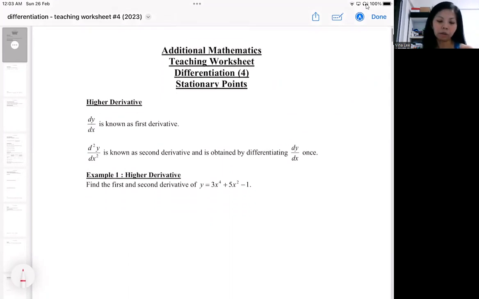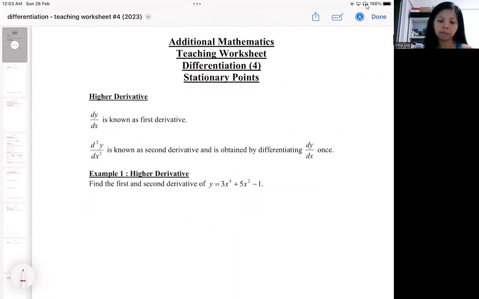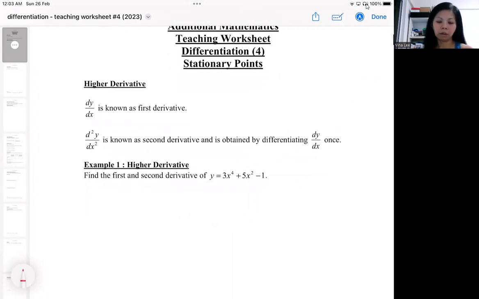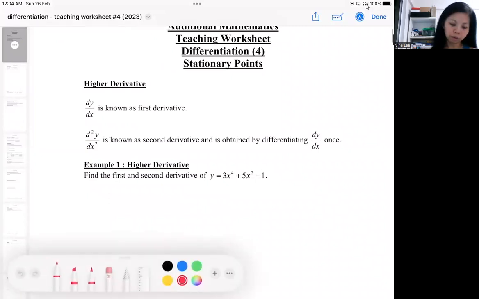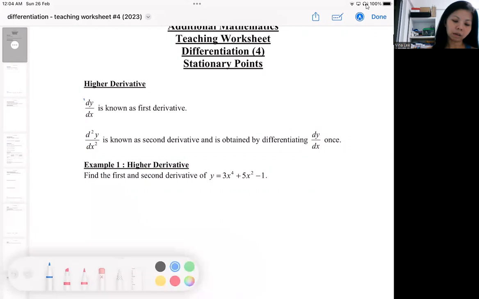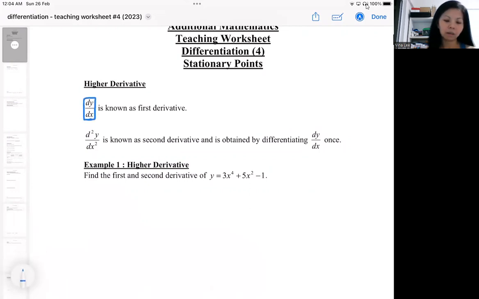Okay, so I need to introduce you to the notation and also how we are going to get the second derivative. First of all, usually dy dx is known as the first derivative. So in a way, that is the first time you differentiate. When you get y and then you do a dy dx, that's where you get your first derivative.